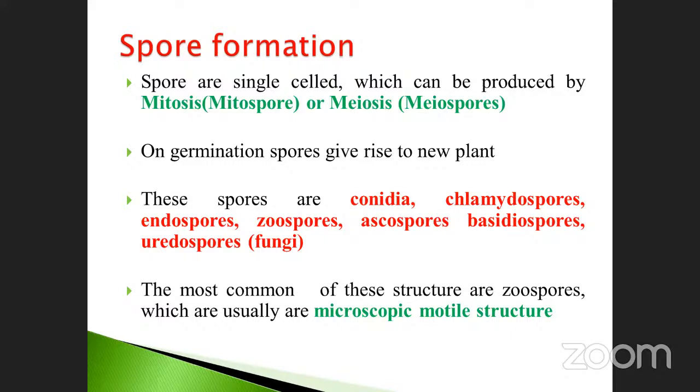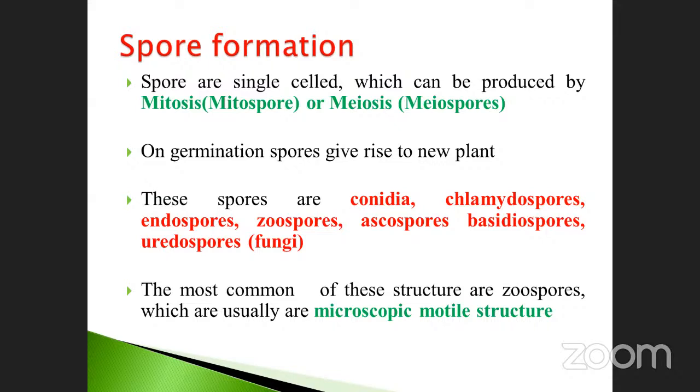And chlamydospore: Chlamydomonas. Endospore, zoospore, ascospore. Ascospore means Ascomycetes, the sac fungi. Basidiospores are nothing but the bracket fungi. Iridospores is also another one. And deuterospore is also there, also called fungi imperfecti.